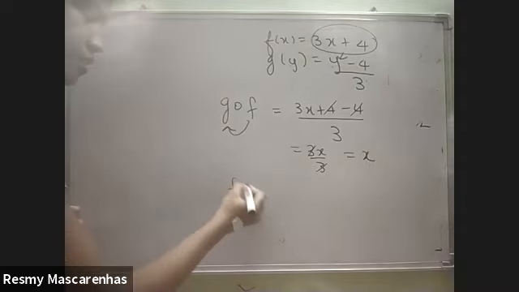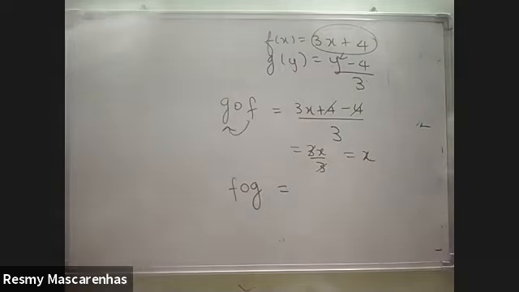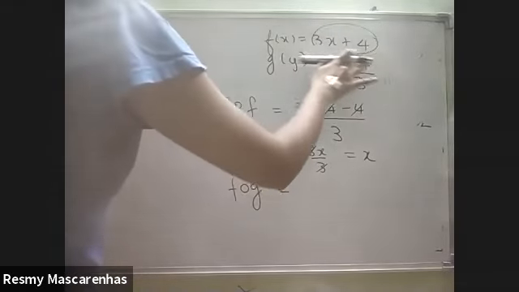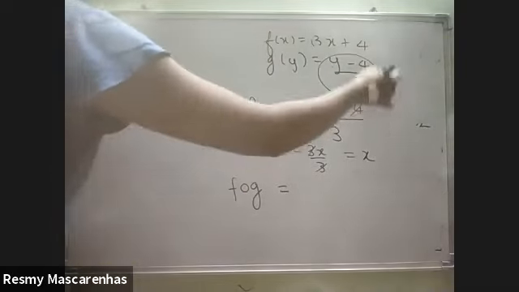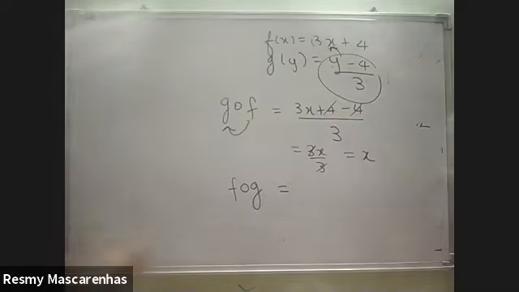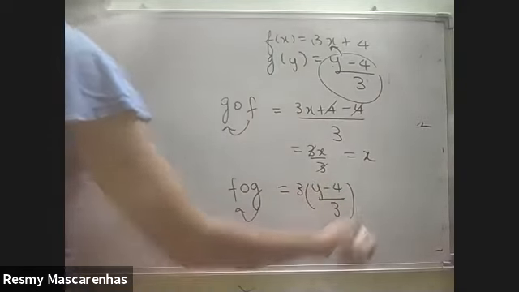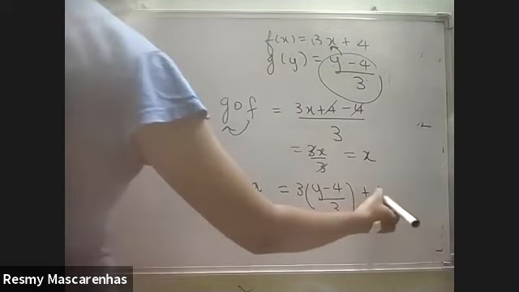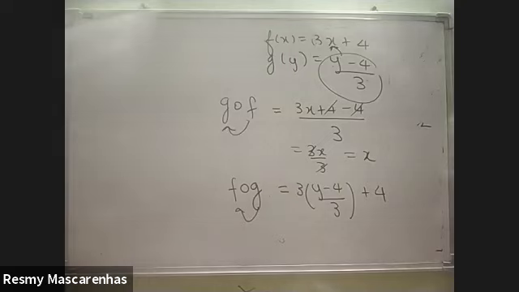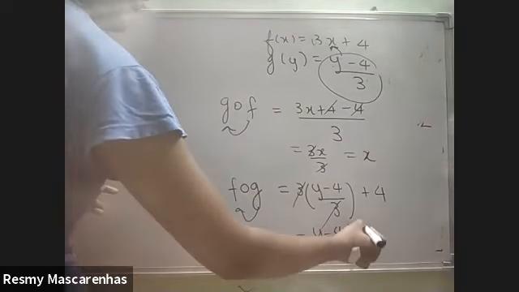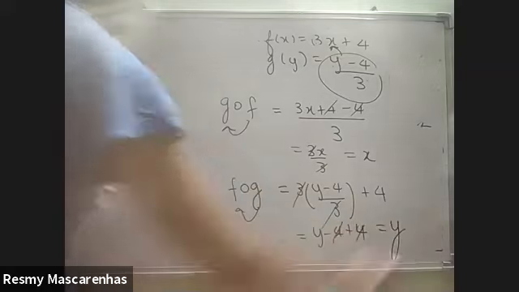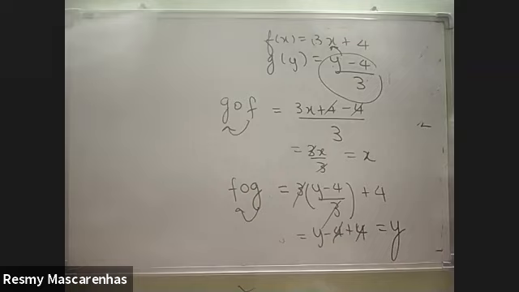In the same way, find FoG and the answer you should get is Y. So the whole G you will have to substitute instead of X. You put G in F. So you got it as Y. Therefore, invertible.